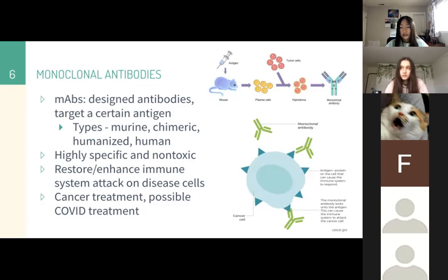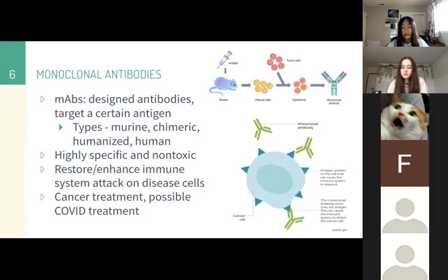So monoclonal antibodies are made of either murine, which is made from mouse proteins, or chimeric, which is a combination of part mouse and part human, or humanized, which is small parts of mouse proteins attached to human proteins, or human, which are fully human proteins.